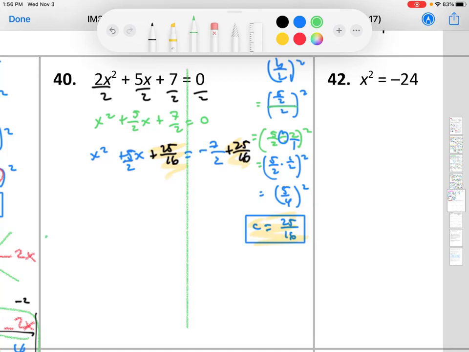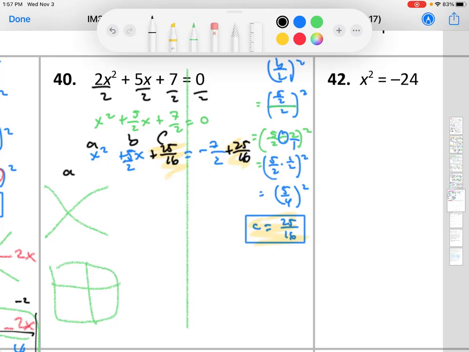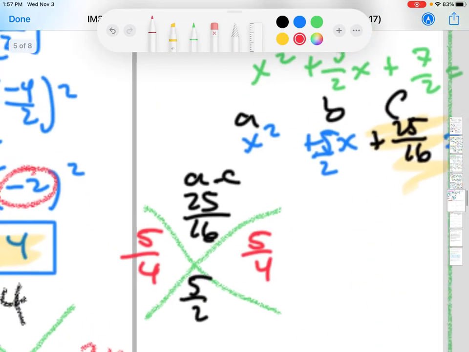And now we're going to factor. A, B, and C. A times C. B value, 5 halves. That number is going to be 5/4. 5/4 times 5/4 is 25 over 16.